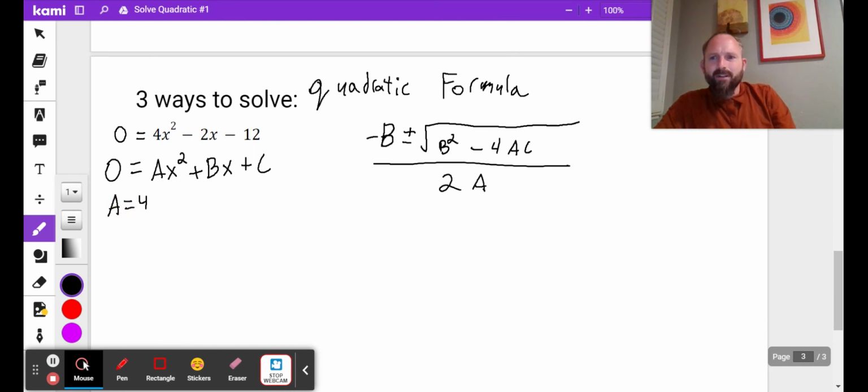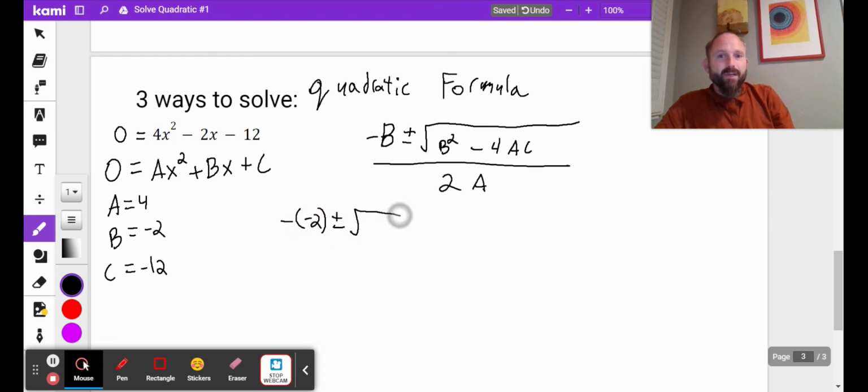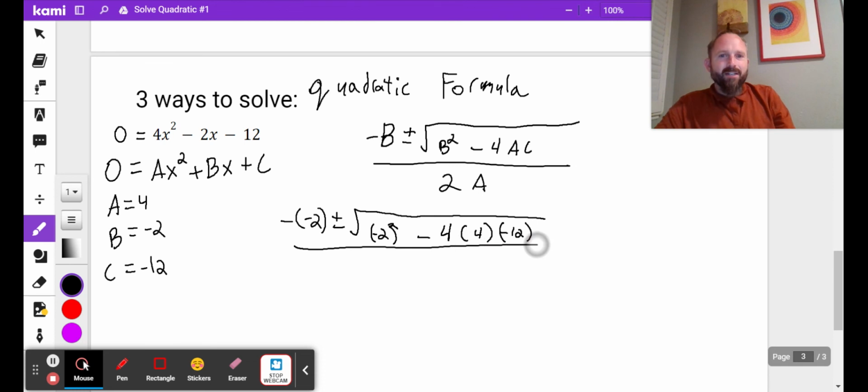A is 4, b is negative 2, and c is negative 12. Now I just need to plug and chug. So I'm going to have negative negative 2 plus or minus the square root of negative 2 squared minus 4 times 4 times negative 12, all divided by 2 times 4.